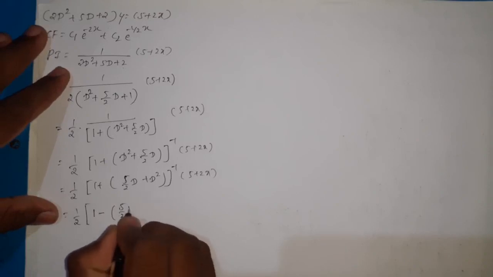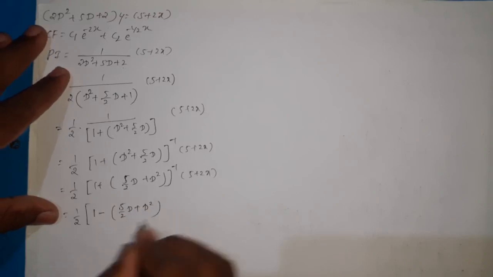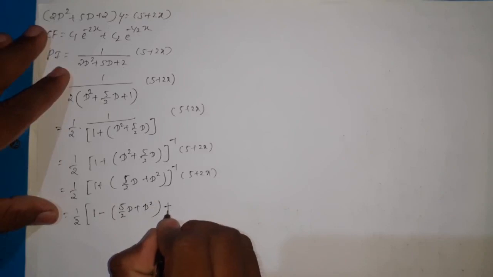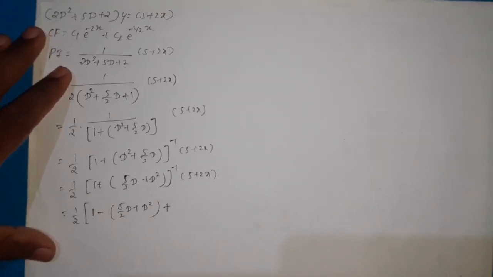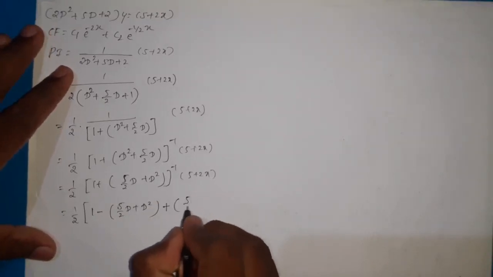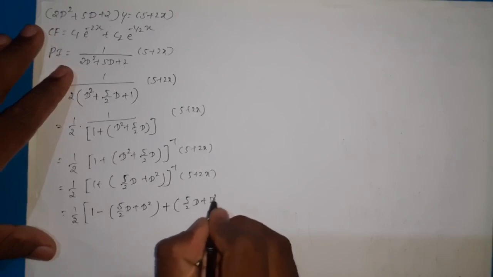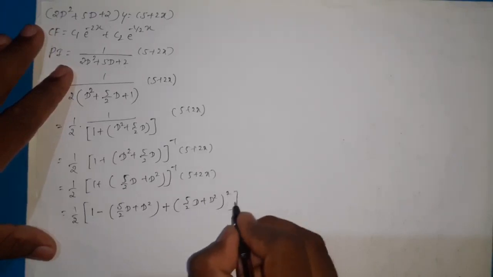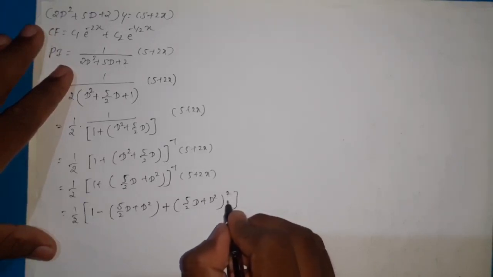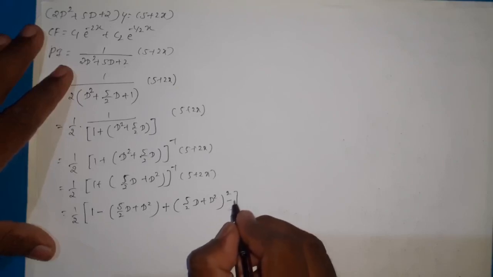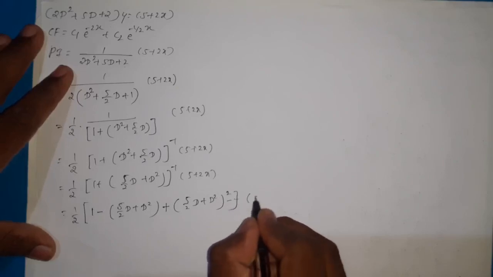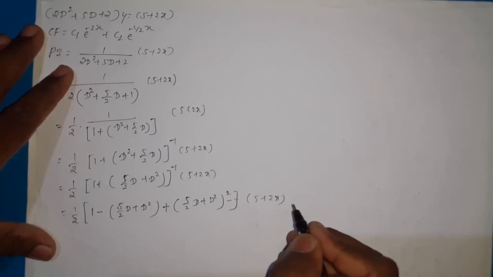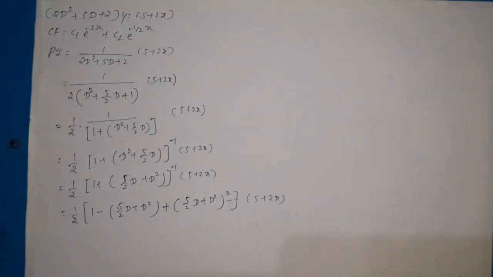Then it is 1 minus x. So x is 5 by 2 D plus D square. Next term will be plus x square, that is 5 by 2 D plus D square whole square. Next minus, right? But we are not considering the next terms since the second order derivative of the given function is 0.